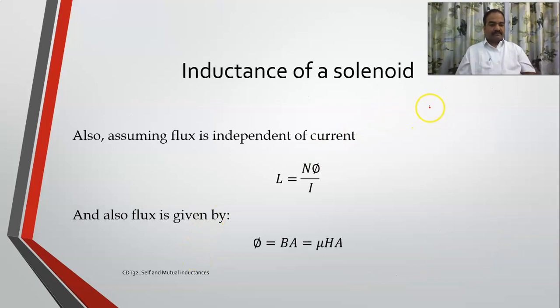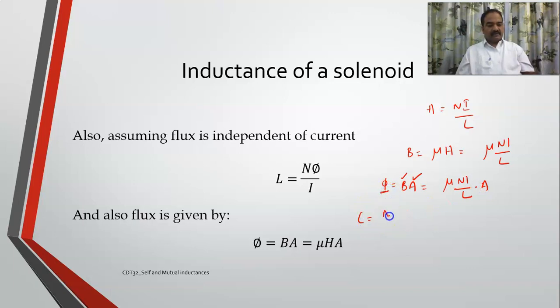So for a solenoid, what is B? B is mu H, which is mu into N I by L. Now what is flux? Flux density into area, so mu N I by L into A. Now when I know the flux, what is the inductance equation? Inductance is N phi by I. I am considering everything independent.